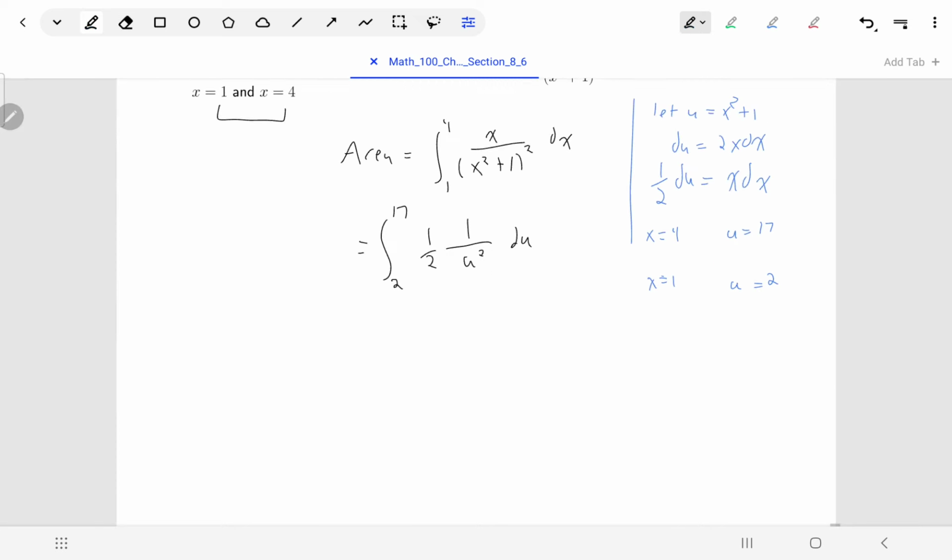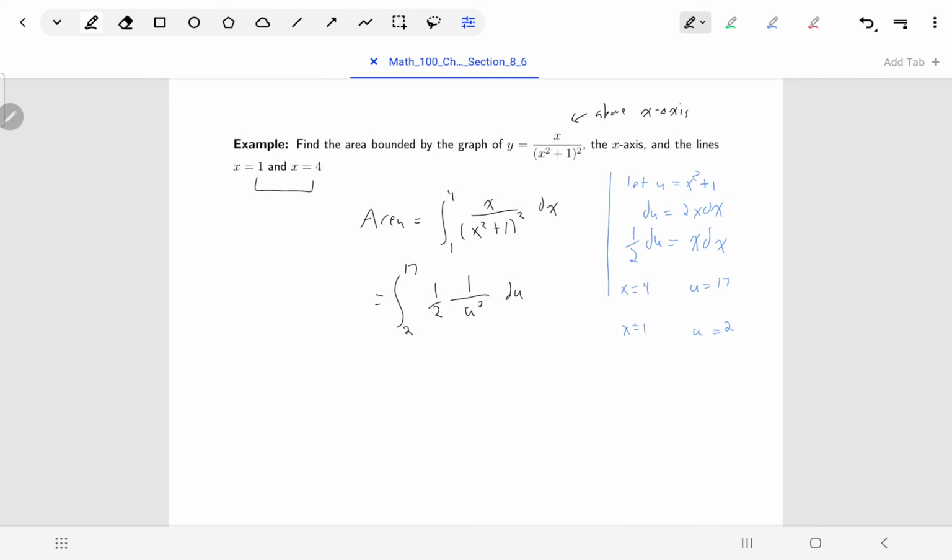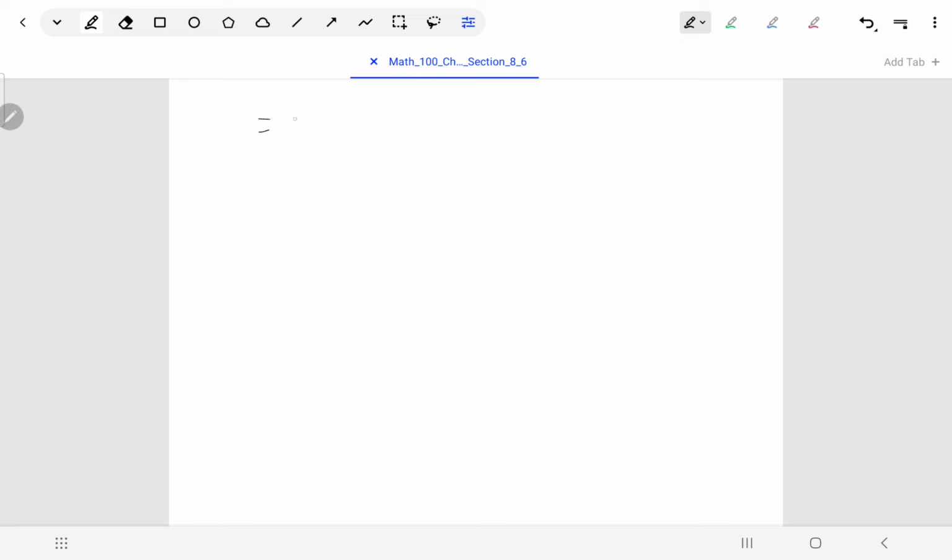And then now I don't need to do anything where I go back to x's afterwards. I can go right ahead and just integrate this. So I'll integrate from 2 to 17 u to the negative 2 du. And once I find myself my antiderivative, which is not hard to find, we'll just add 1 to the power, divide by the power, and now evaluate that between my limits of integration between 2 and 17.